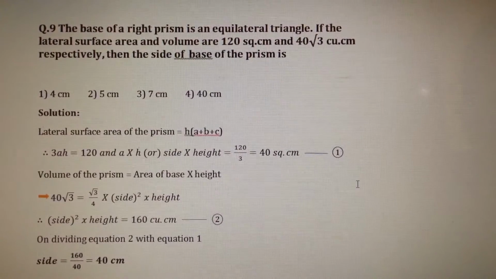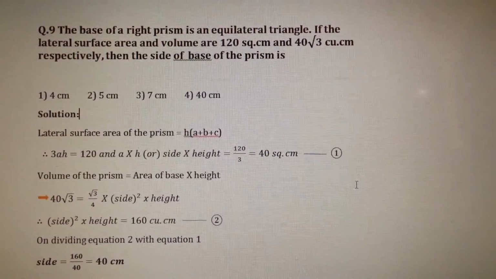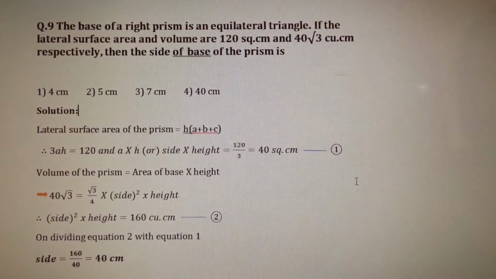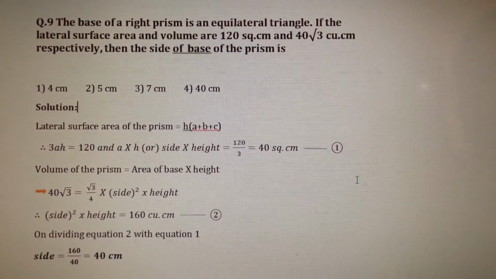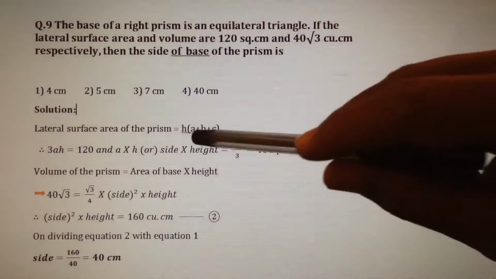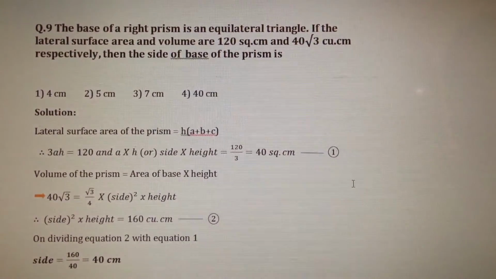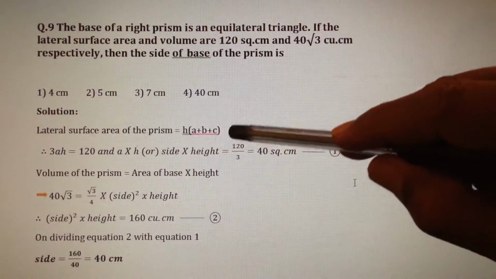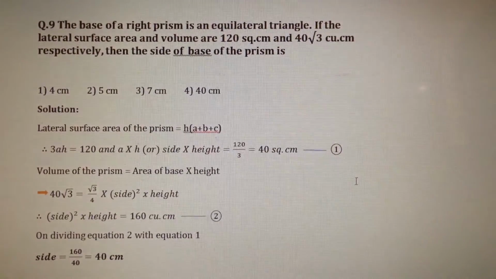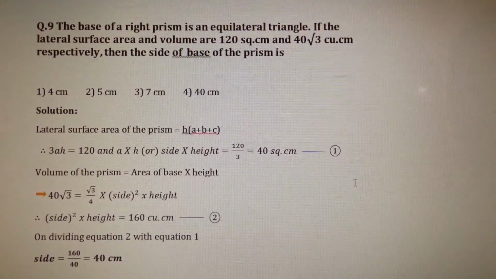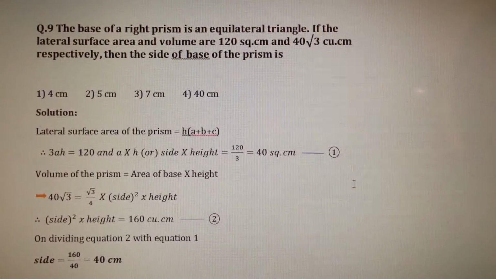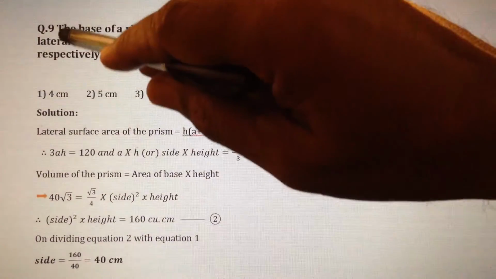We know the formula to find out the lateral surface area of the prism, which is equal to the sum of the sides into height, h into a plus b plus c. A, B, C are the sides of the triangle. Here the triangle is an equilateral triangle. This is also given in the problem.